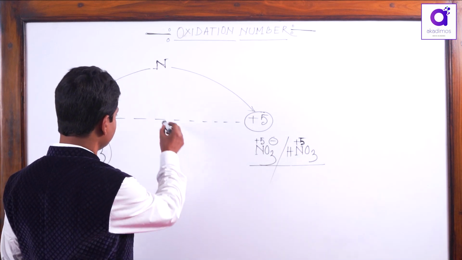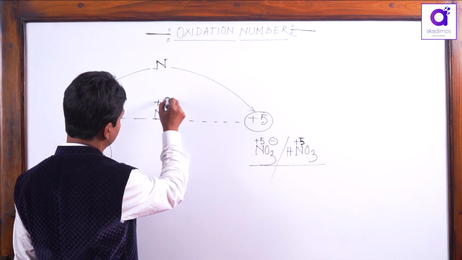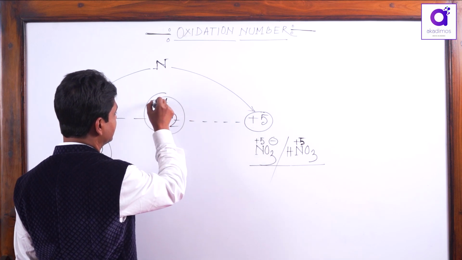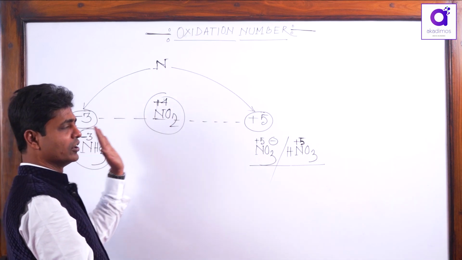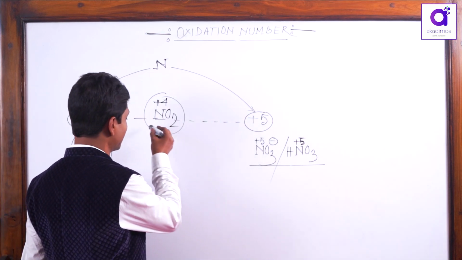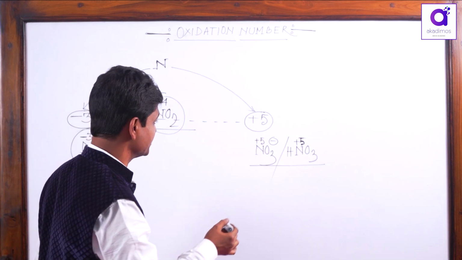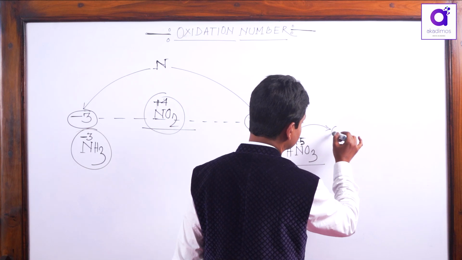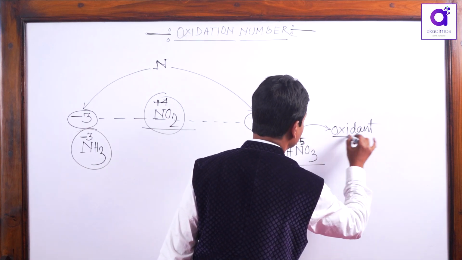If I have an intermediate oxidation state like NO2, here +4 oxidation. You know, this +4 may increase to +5, may decrease to 0 or -3. That means it may act as both oxidizing agent and reducing agent. This is oxidant only.